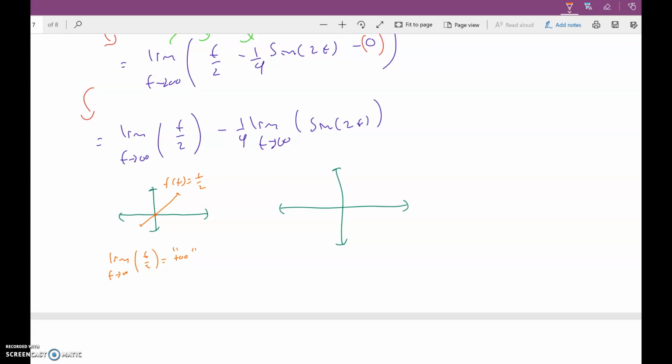The second one is the sine of t, with the negative. It's actually going to put the function in this direction, not to scale, because of the negative. So f of t is equal to negative 1/4 sine of 2t.